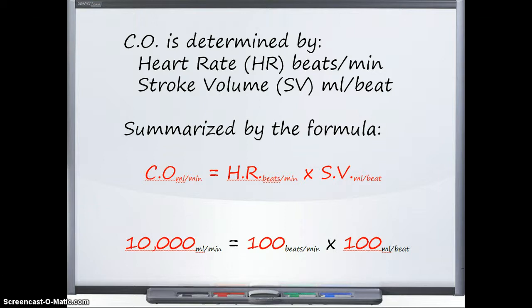What might increase your stroke volume to 100 milliliters per beat? Well, a stronger heart contraction can do that. The stronger the heart contraction, the more blood will be ejected from the heart. Or we can also increase the stroke volume if we increase the amount of blood returning to the heart.